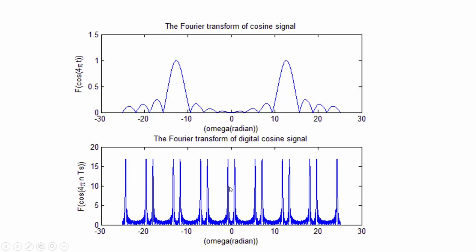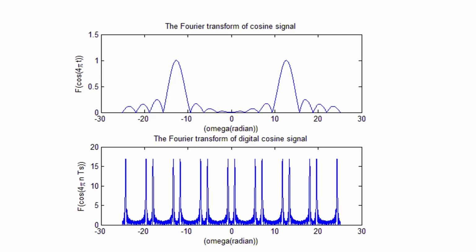So this will repeat with a period of 2 pi. So that means the digital spectrum will be periodic with a period of 2 pi, and this is the analog spectrum, I mean the Fourier transform of the continuous signal. All right.